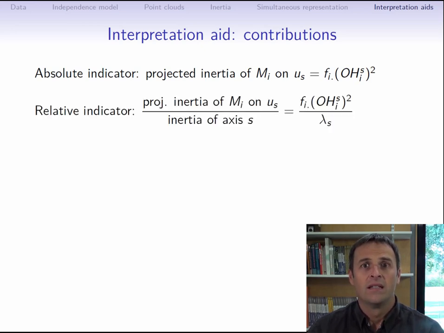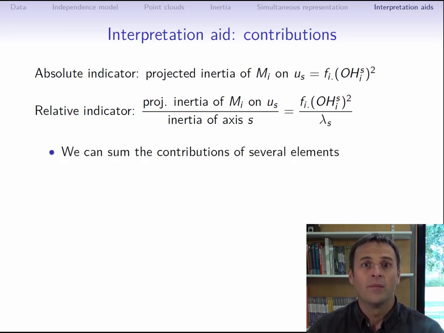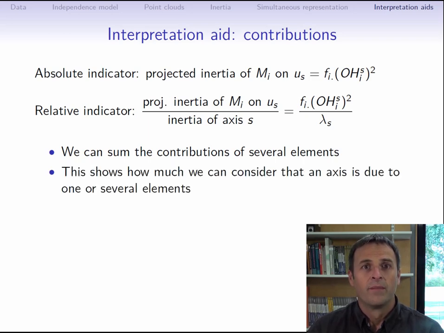This row indicator is then turned into a percentage by dividing by the total inertia of the S dimension and multiplying by 100. We can also add up the contributions of several elements to a given dimension so as to measure their total contribution.